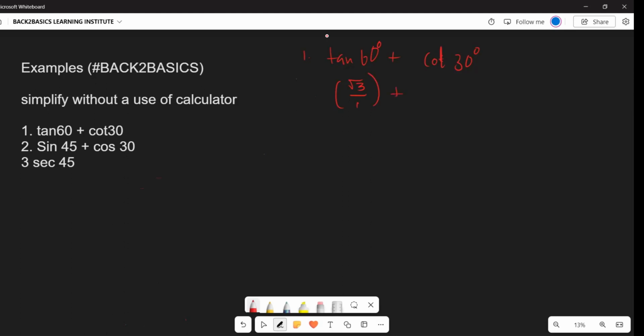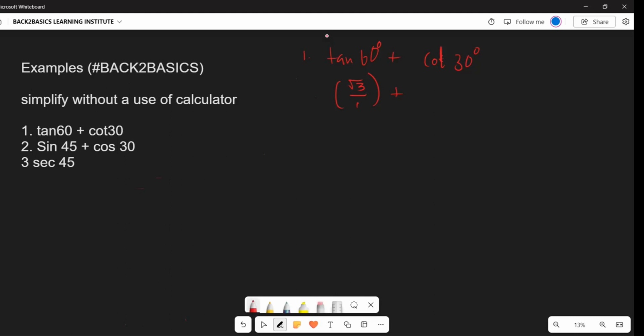Plus, what is your cot? Before you write the value of cot, first write down what cot represents. Remember, cot is the same as 1 over tan of 30 degrees.